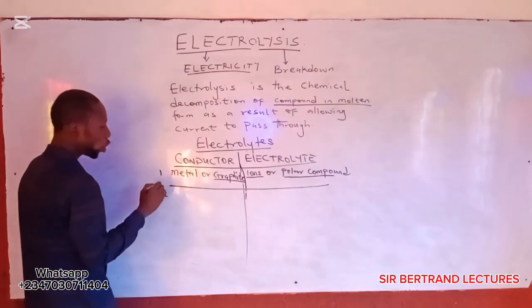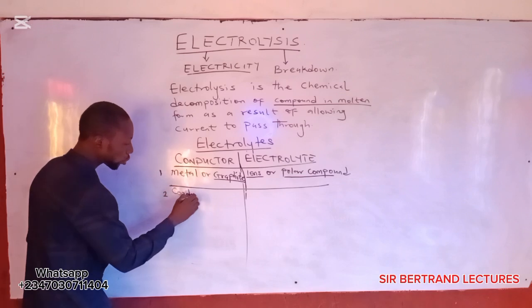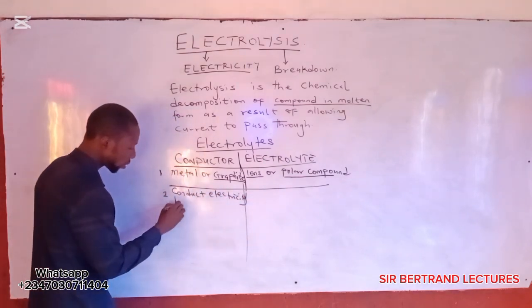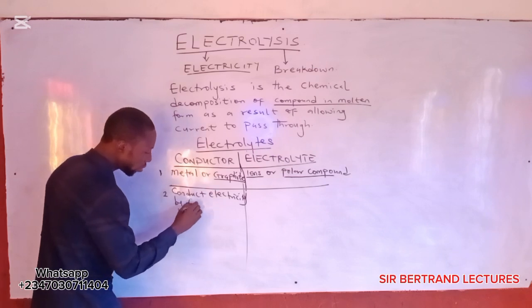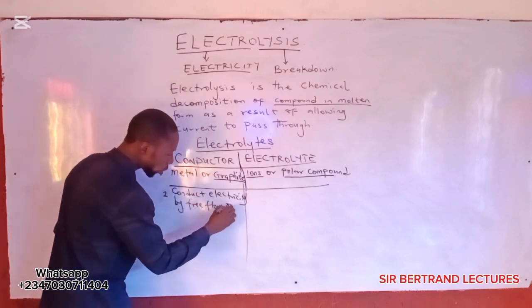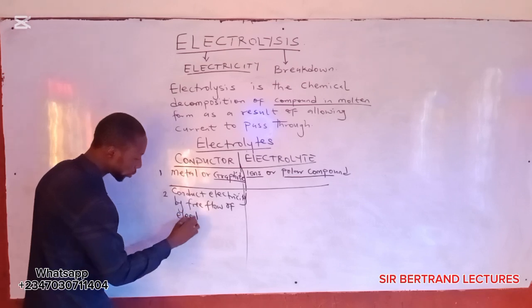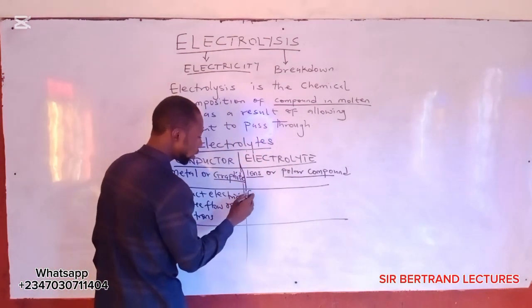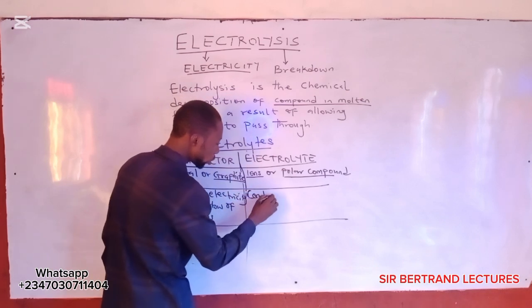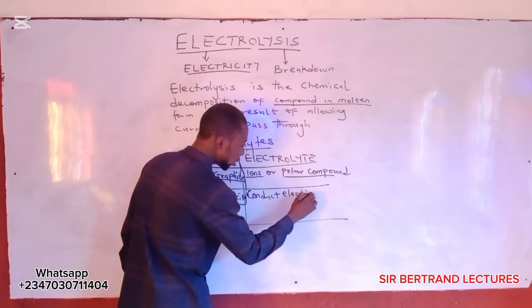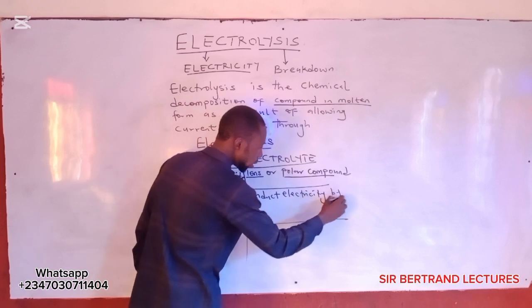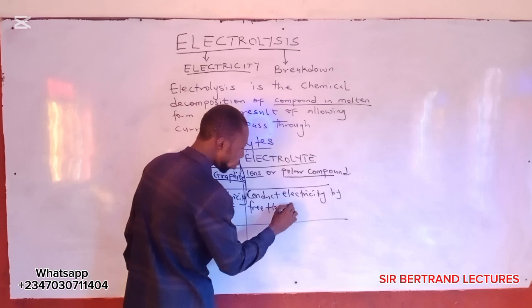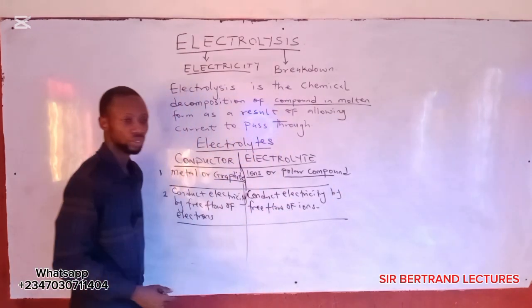Point number two, conductors conduct electricity by free flow of electrons, while electrolytes conduct electricity by free flow of ions.